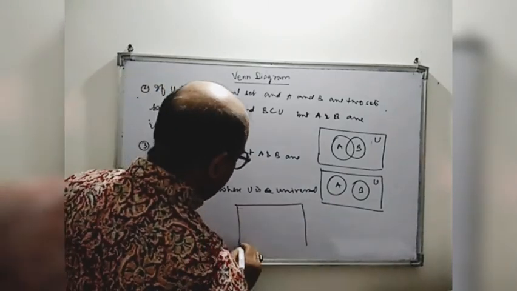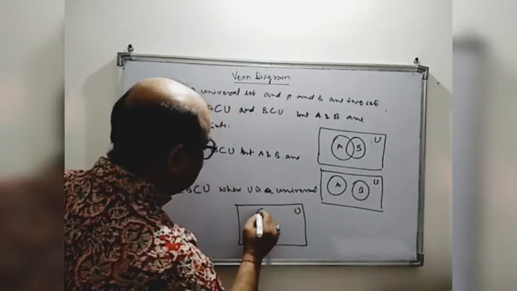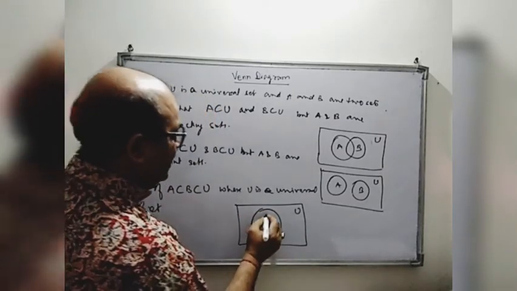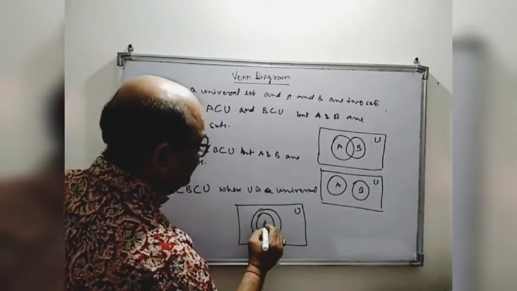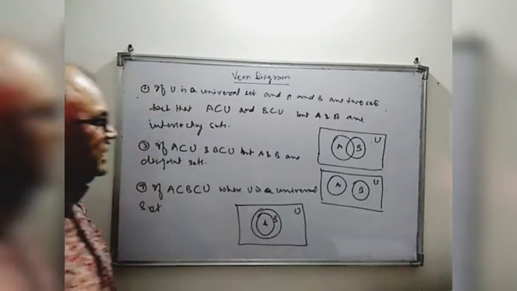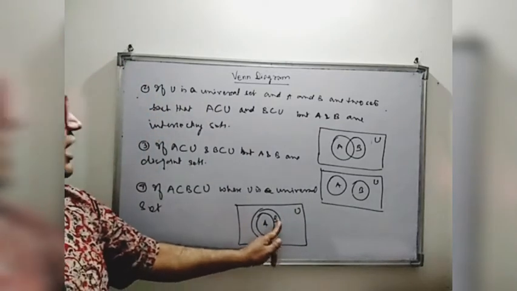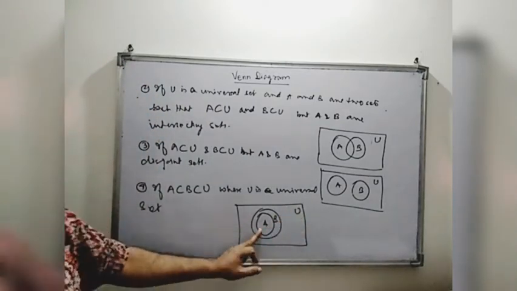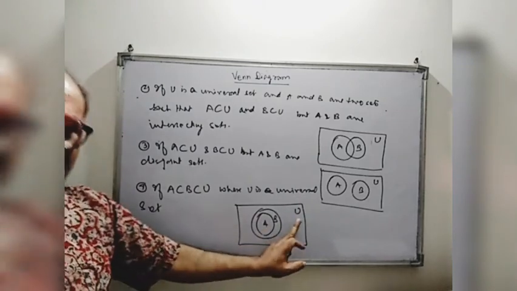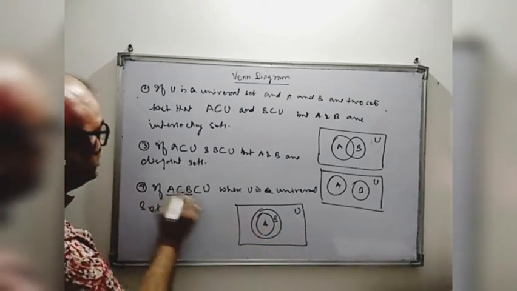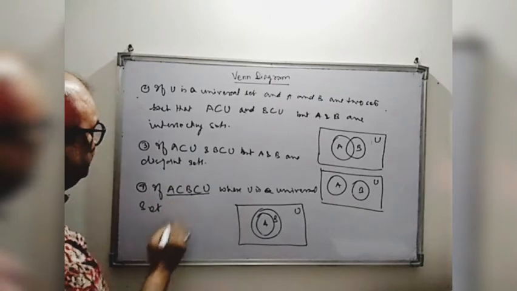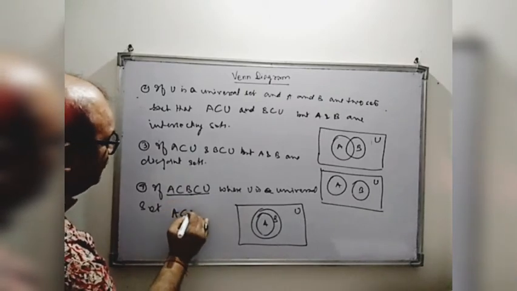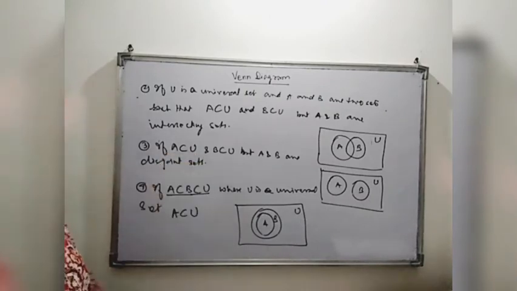This is your U, this is set B, and this is set A. That is, A is a subset of B and B is the subset of U. That means A is a subset of U also.